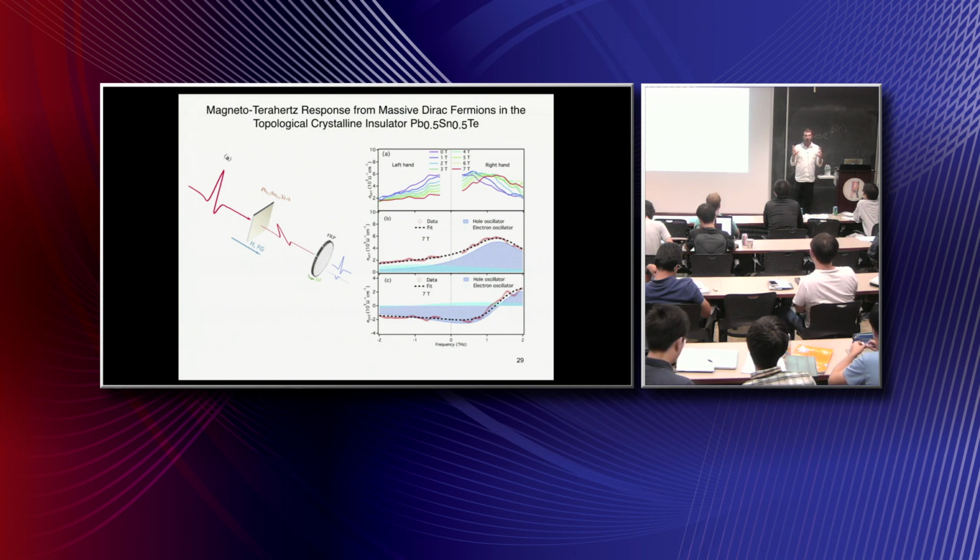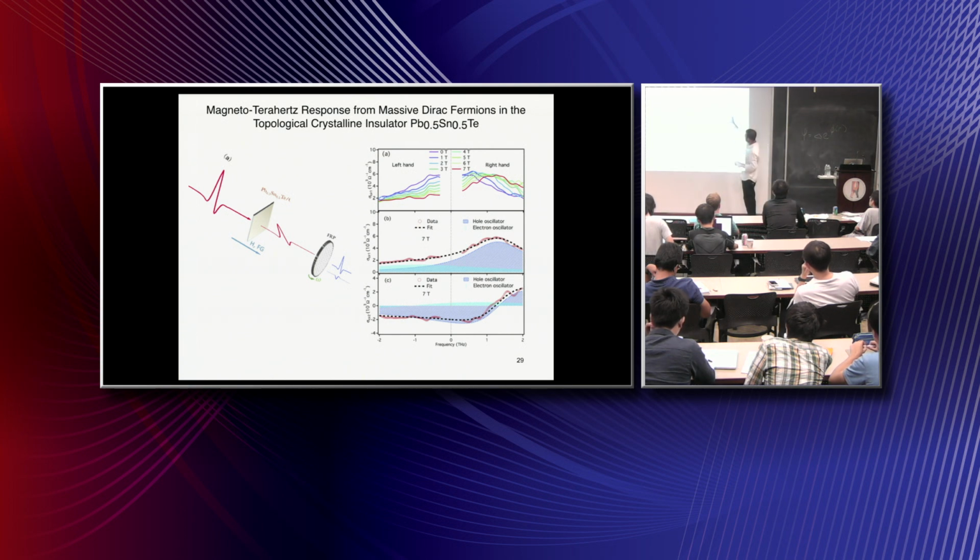This particular one happens to be doped in the bulk, and so it's really a problem not so much of topology, but more of a small gap semiconductor system that can be described in terms of massive Dirac fermions. What we see here is we've taken our topological crystalline insulator, weakly doped, and put it in a magnetic field.